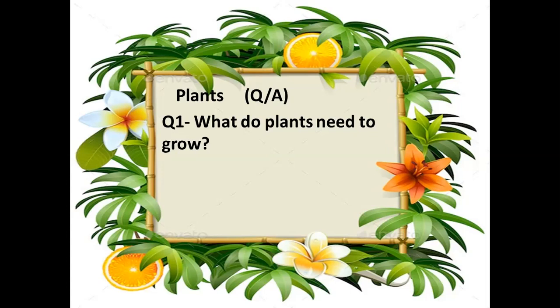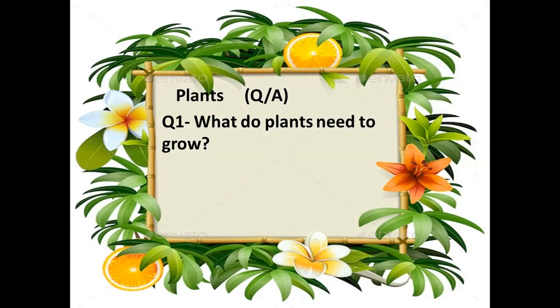Herbs have a soft stem and are weak plants. We also learn about photosynthesis, how plants make their food and what they need for it. And we learn about different kinds of fruit, vegetables, food grains, and the uses of plants.